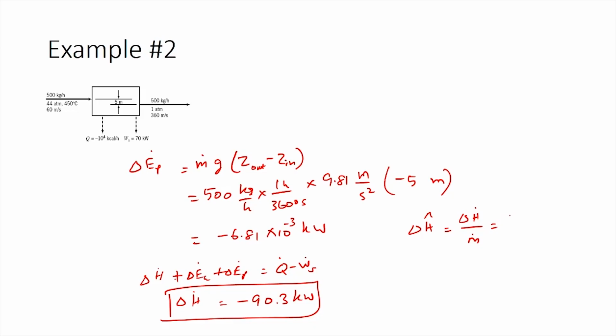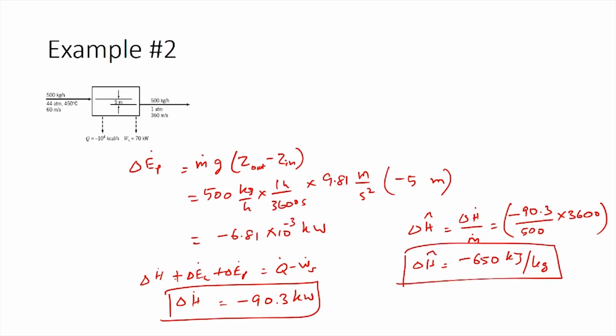So, you would have minus 90.3 divided by 500 over 3600, giving you a numerical value of roughly minus 650 kilojoules per kilogram. So, this is your change in specific enthalpy. From this we have calculated the change in specific enthalpy by using energy balance calculations.